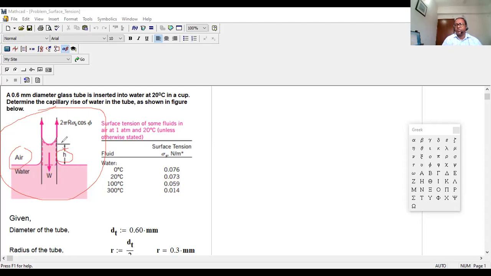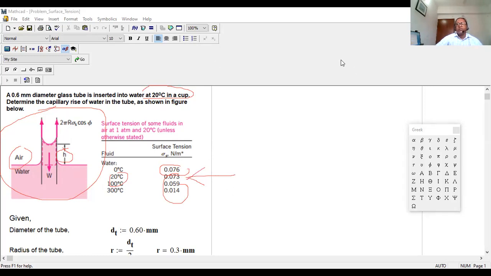So you have only one formula, right? And this data is given: water temperature 0 degree, the mass will be surface tension at 20 degree. But what you are saying is 20 degree, so you have to take this as your value of surface tension.